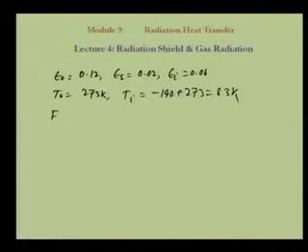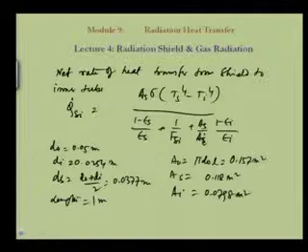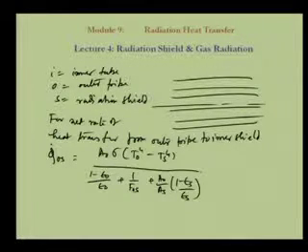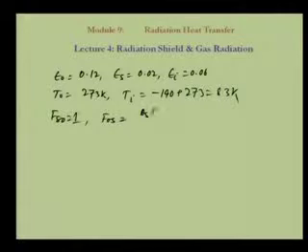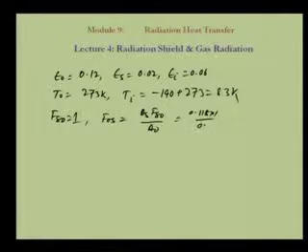Then we know that FSO is equal to 1. That means, if we just see here, F equal to 1 means that this is the shield material, and the outside is convex. So, this is equal to 1. Similarly, FIS will also be equal to 1. So, based on that, with FSO equal to 1, FOS is equal to AS FSO by AO, and that is equal to 0.118 into 1 by 0.157, and that is equal to 0.75.